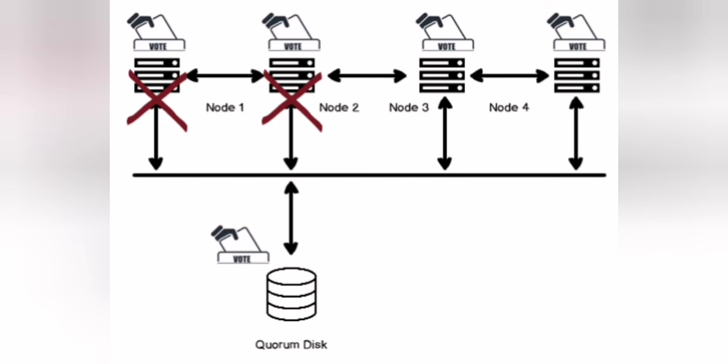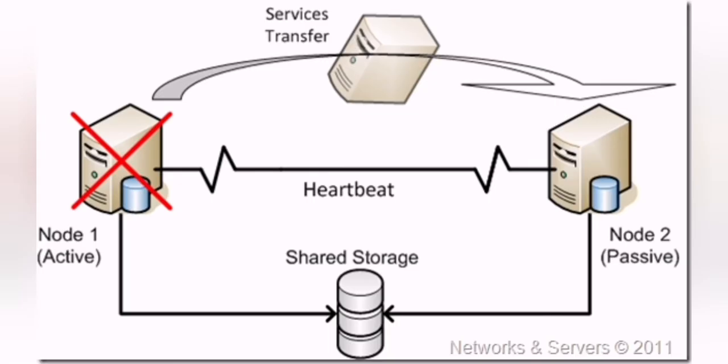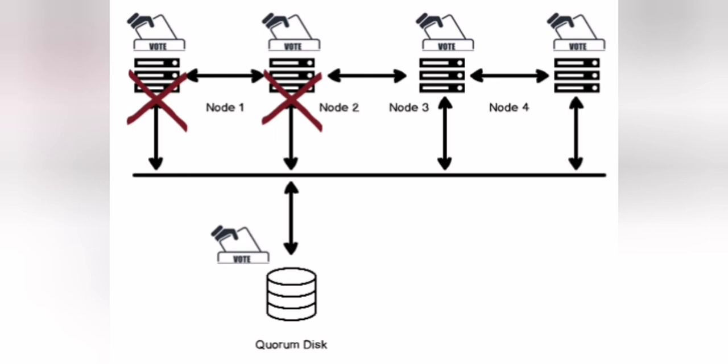One final thing to talk about in failover clustering is what's called a quorum disk or the witness disk. This witness disk is very important to have when you have more than 2 nodes in the cluster. Now, in case we have only 2 nodes in the cluster and one of them fails, the resources will definitely move to the second node. But what if we have more than 2 nodes?